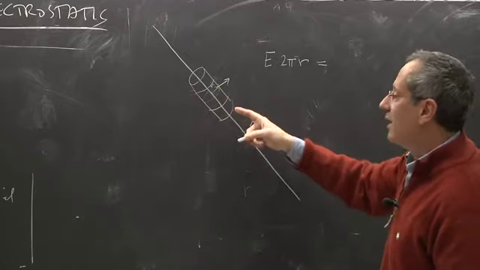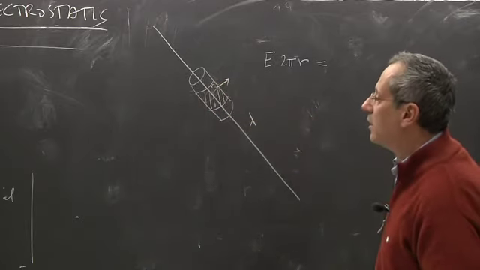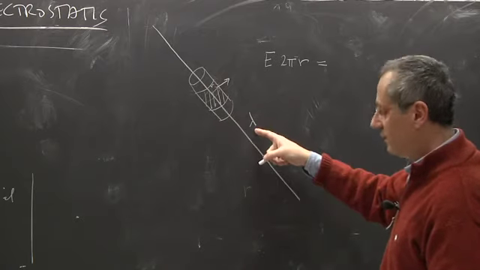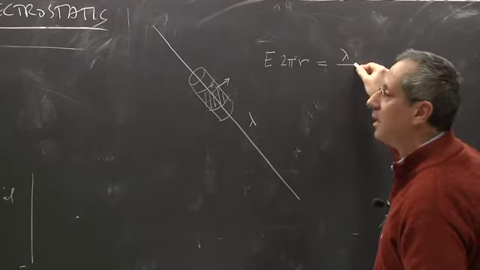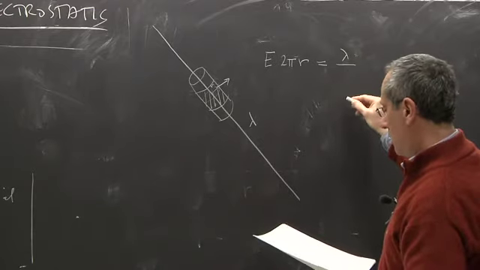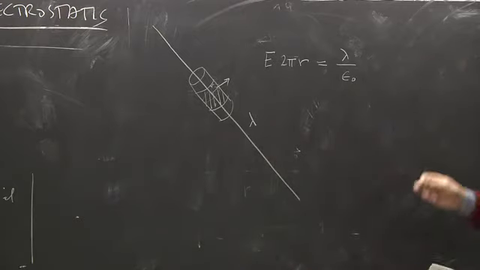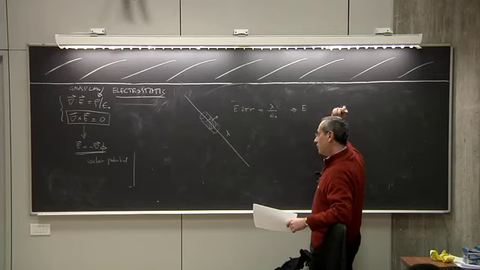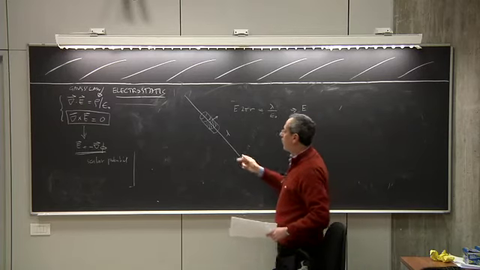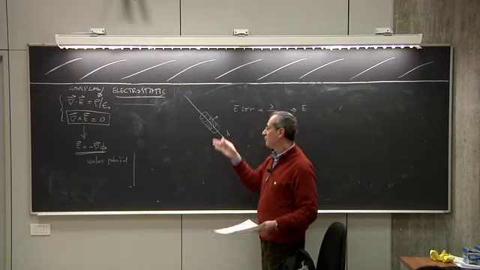And that tells me how much charge is inside this little volume. The charge per unit length is lambda, by definition. So here I put lambda, and I have this famous epsilon 0. So you see, in this case, I get immediately that my electric field, first of all, is pointing normally to this wire, because of the symmetry.